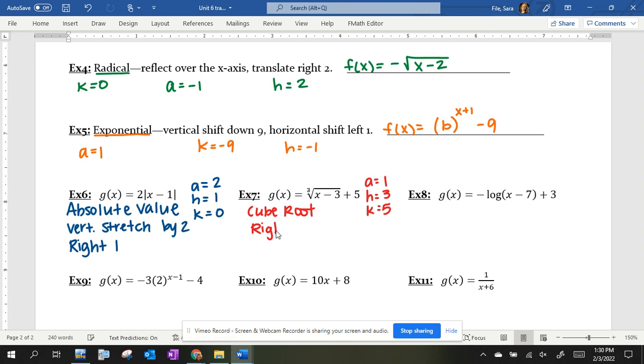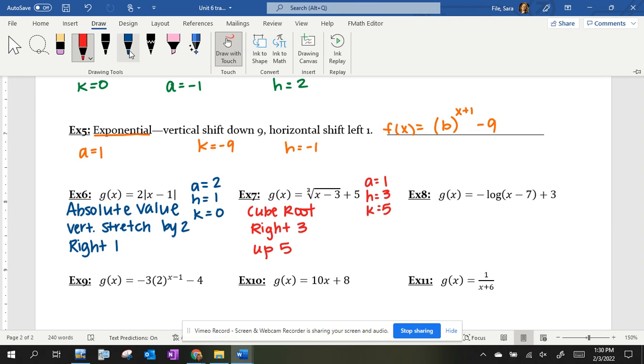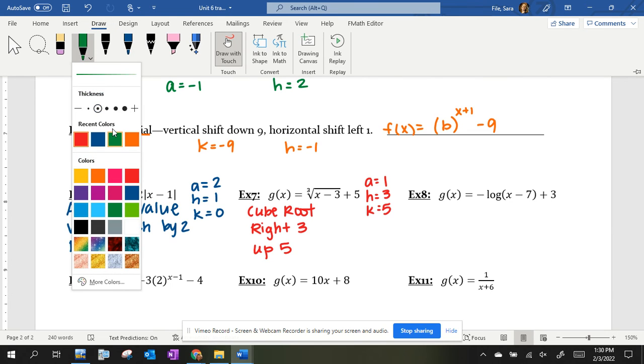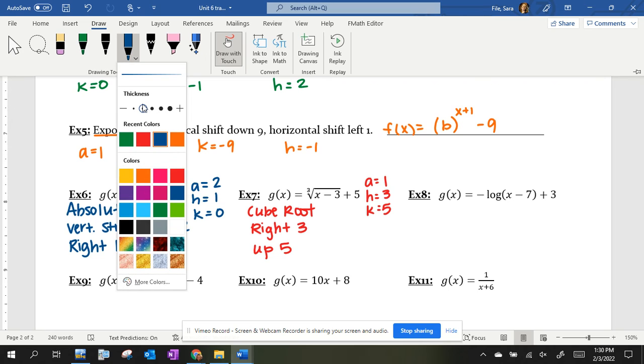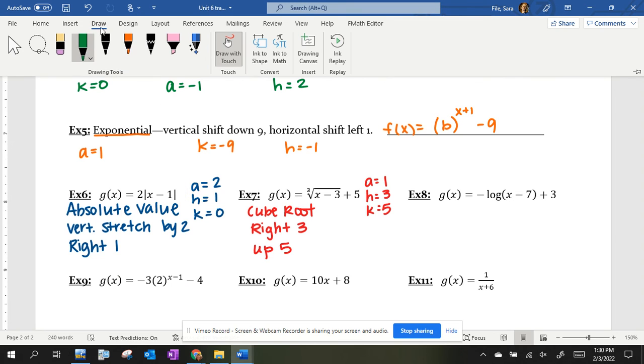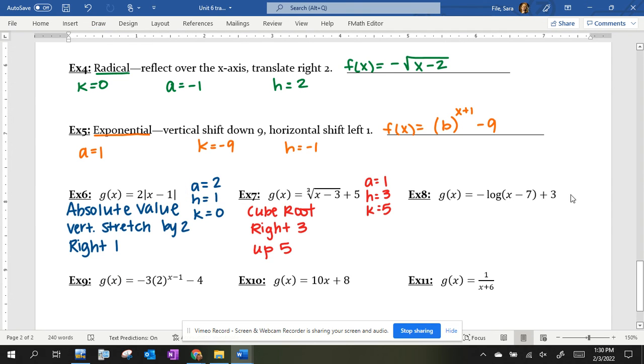Yeah, right 3. And for the K, that's going to shift up 5. So right 3, up 5.